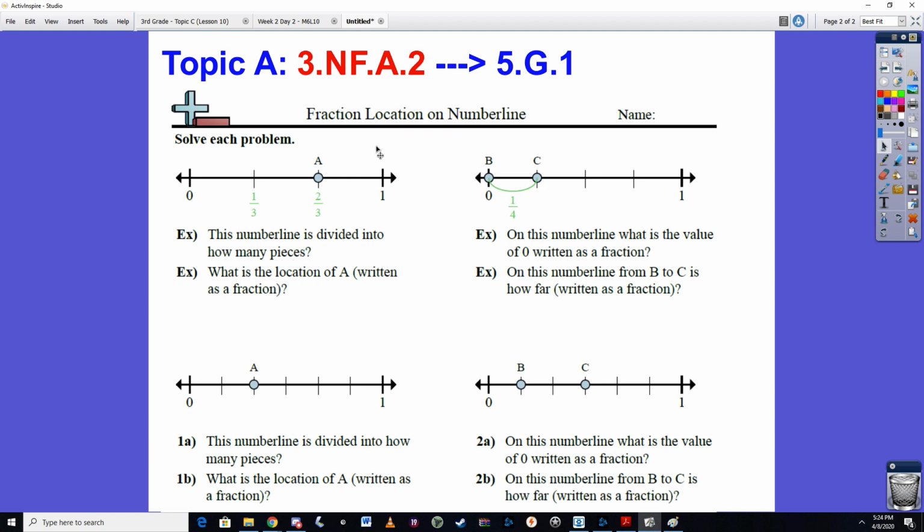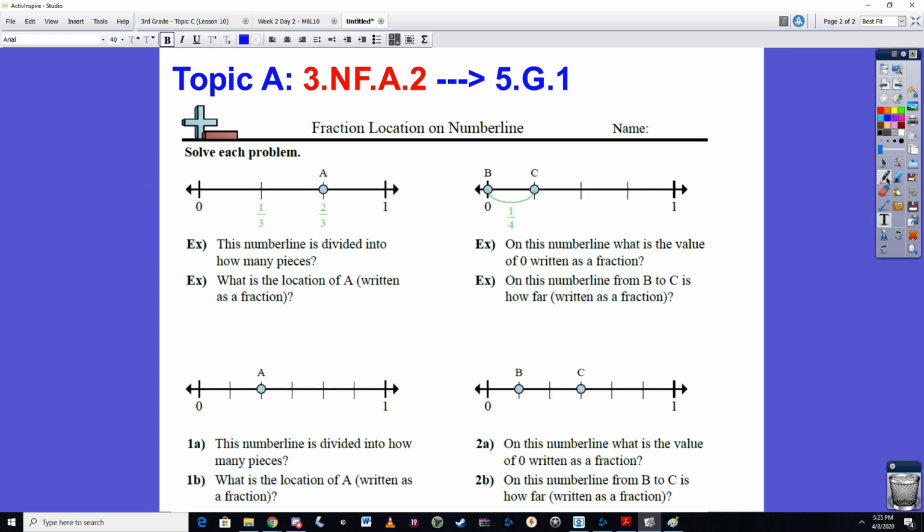Okay, so this is the fraction location on a number line. So solve each problem. Now, in your first example, and they've worked it out a little bit, you have a 0, a tick, and one whole, like one whole candy bar. So how did they get 1/3 for this and 2/3 for that?